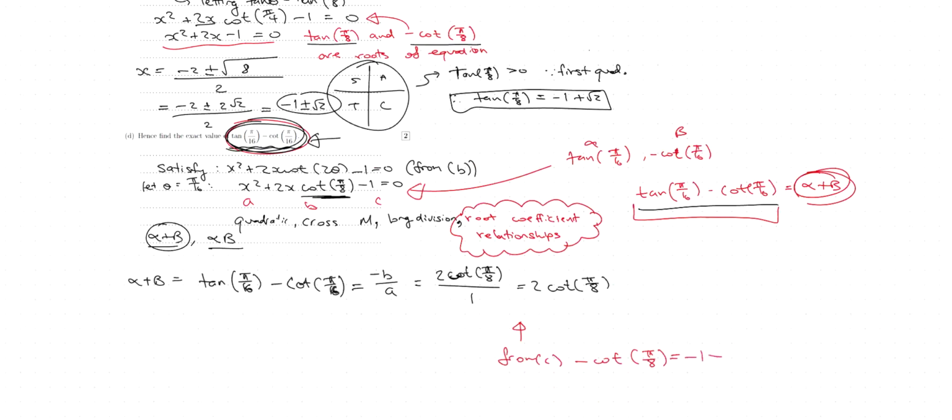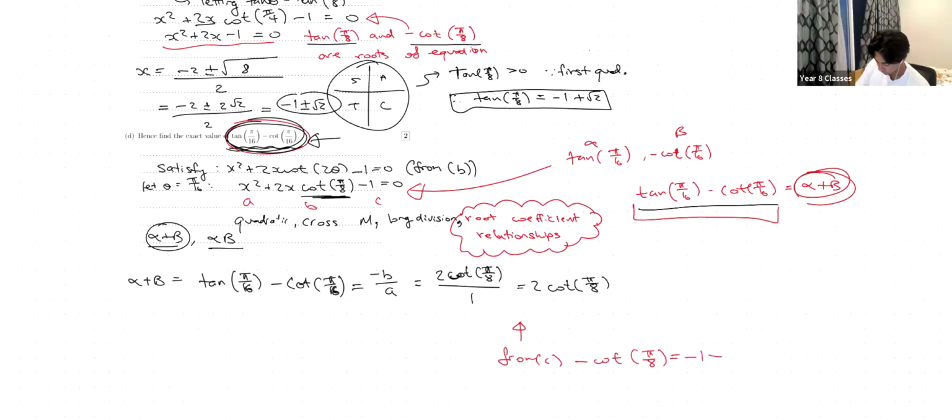So therefore we can say 2 cot pi on 8 should be, actually, one second. Actually, is this a 2? Yeah, it should be.